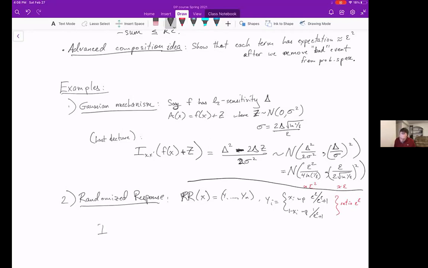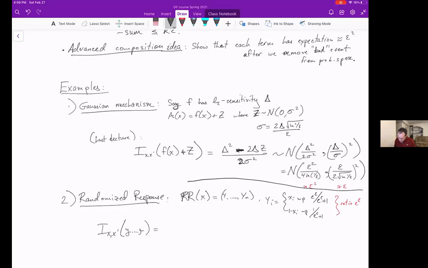And so what that means, if I look at the information loss random variable for a given output, if x and x prime differ in position i, then the information loss will be 0 for all the other positions. The only component that can tell me information about xi versus xi prime is the component relevant to person i.